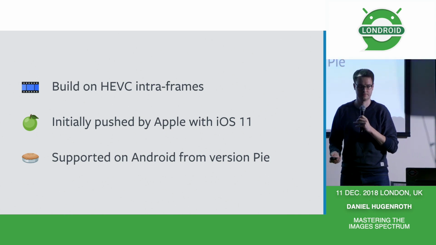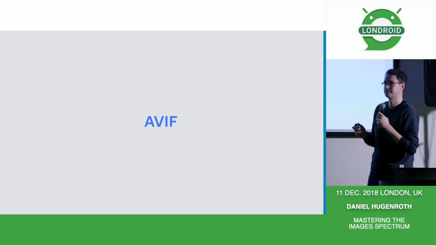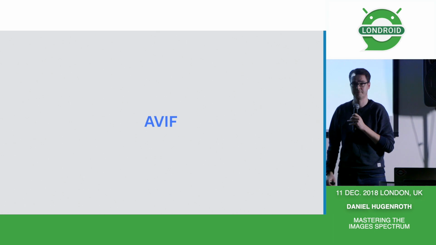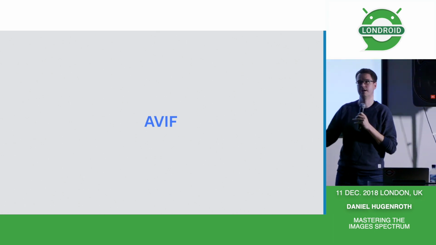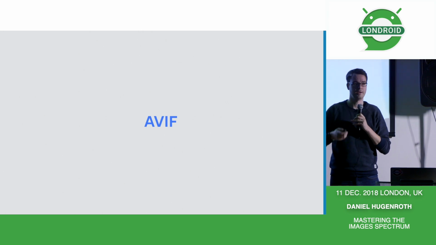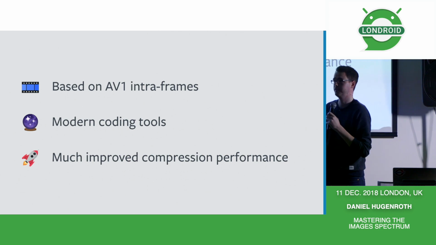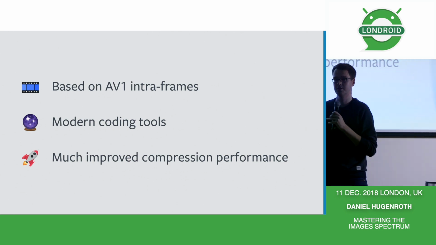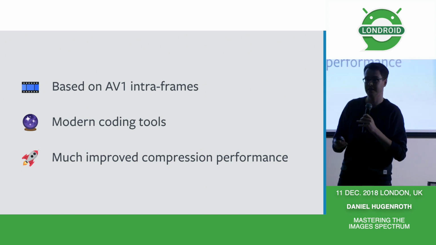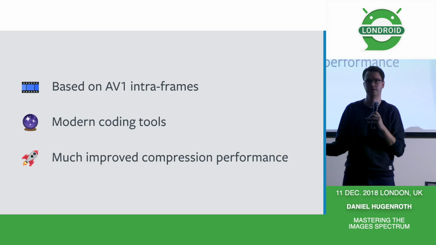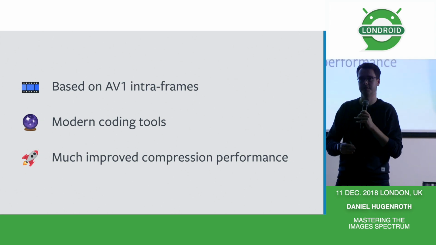However, HEIF and HEIC come with the caveat that the general royalty and patent situation around HEVC is rather complicated. And that's why I'm personally extremely excited about AVIF, another four-letter acronym. It does the same trick as HEIF, but it bases itself on a different video codec. It bases itself on the AV1 video codec that's developed by the Alliance for Open Media. And that is a very broad industry consortium consisting of Apple, Microsoft, Google, Facebook, and many more.